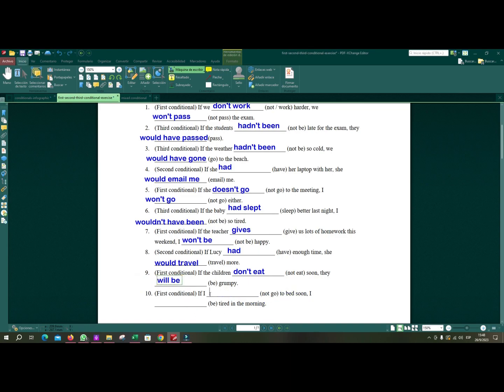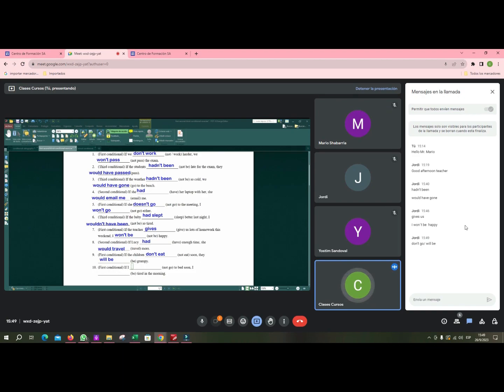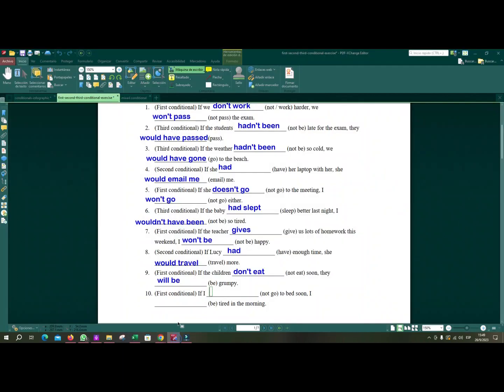And the last one, Mr. Jordi, do you have it? That is first conditional again. Which could be that simple present and then will plus the infinitive. Okay, that's amazing. Nice, Mr. Jordi.